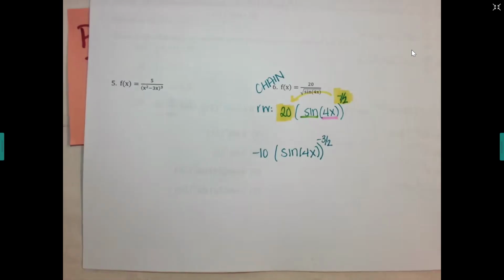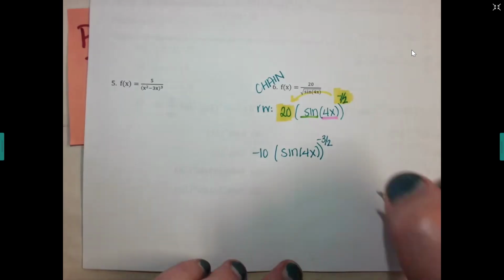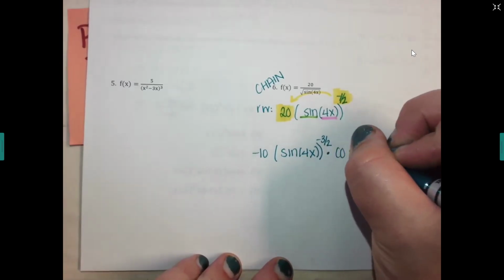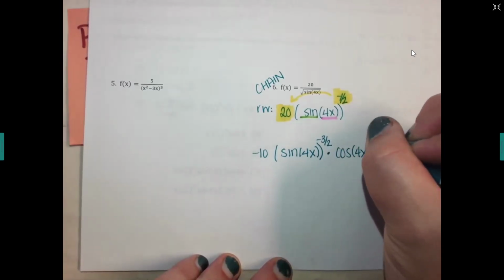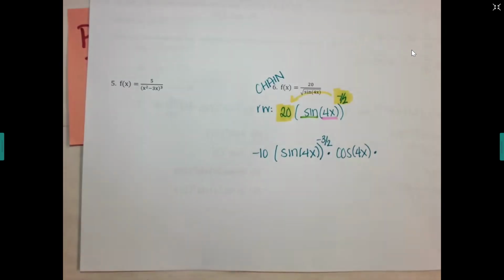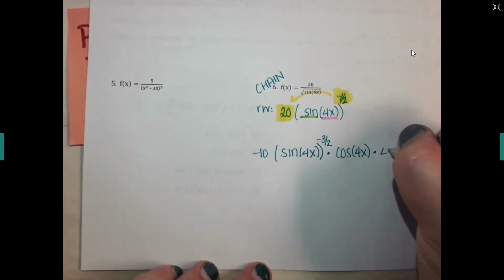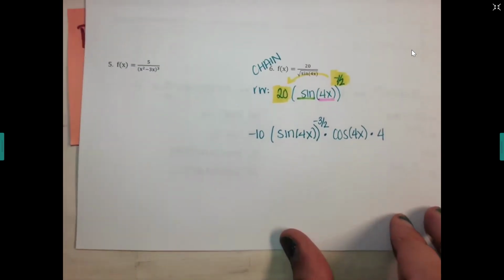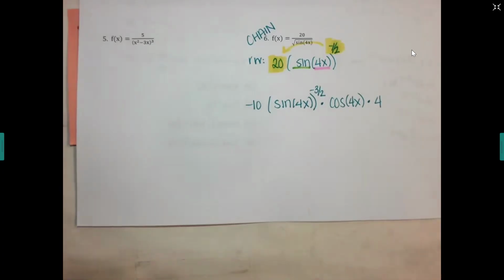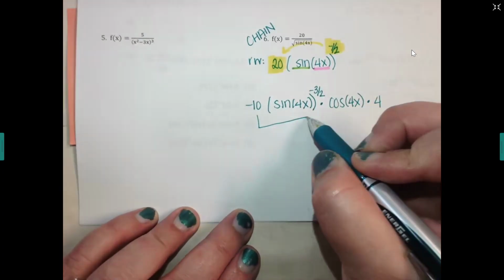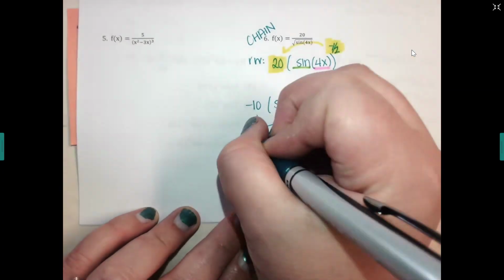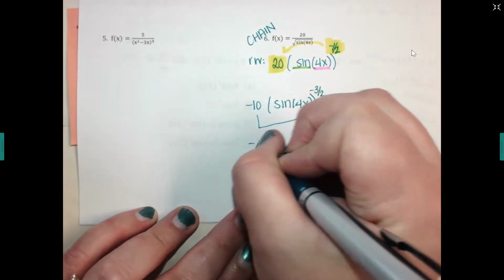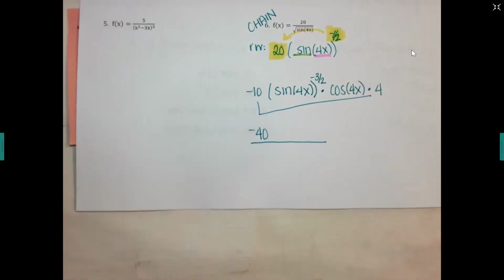Now I go in a layer. What's the derivative of green if green is sine? Cosine. The 4x stays the same because I'm not on that layer yet. And then the derivative of 4x would be 4. Very good. Okay, then from there, we have some constants that we can times together. The 4 times the negative 10 is negative 40. Which of those terms is going to end up getting pulled to the bottom?